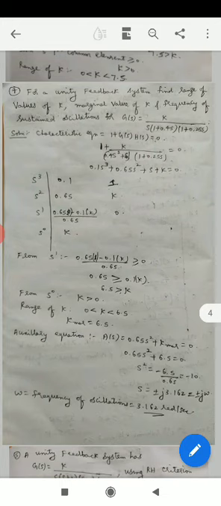Similarly, from s power 0, the value of k should be greater than 0. So the range of k, from the previous two conditions, that is from s power 0 and s power 1, is greater than 0 and less than 6.5. And here the marginal value of k is also asked.